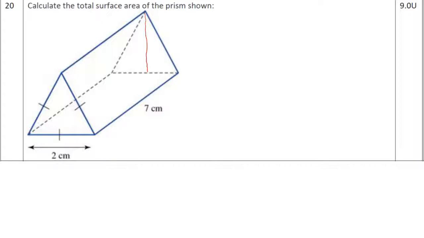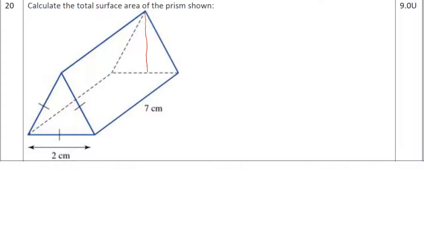I forgot to give that value, but you can work it out by using Pythagoras. And this is the sort of stuff that you should be able to do. You should be able to apply some of those skills from other units. So I'm going to start off with that, and then we'll talk about the other part, which is relatively straightforward.